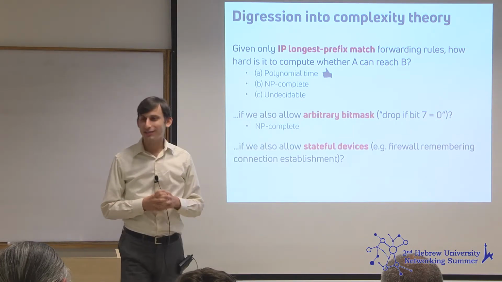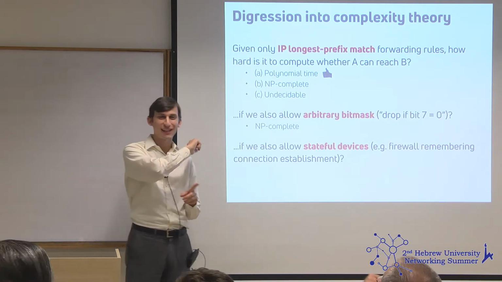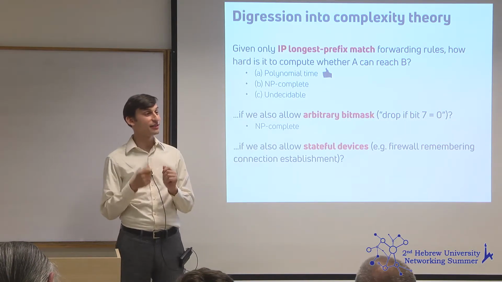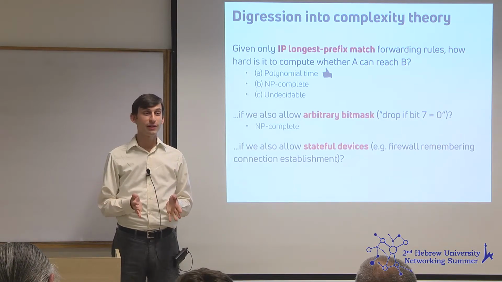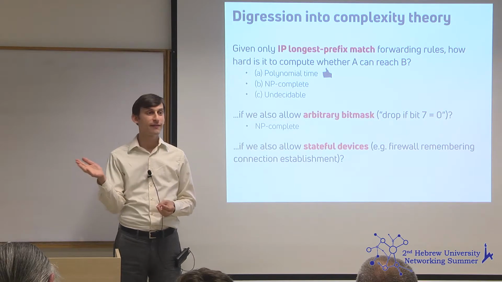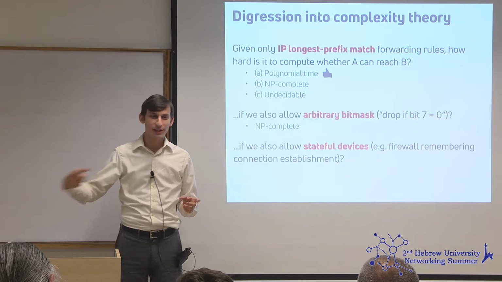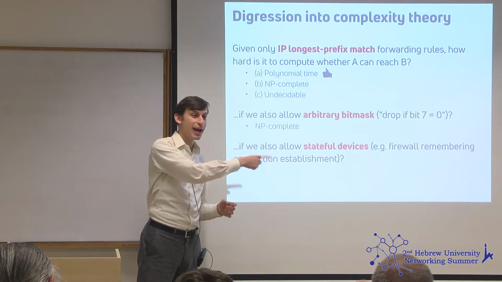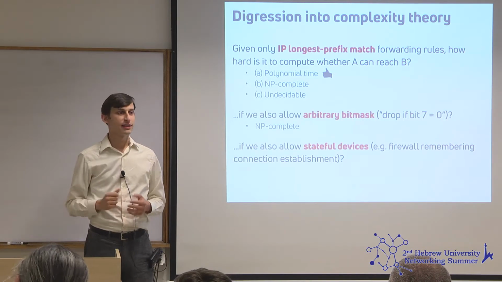Let's say we also allow stateful devices. That means when a packet goes through, the box can modify its internal state and do something different to subsequent packets. Example of when that happens? Anybody? Firewalls, yes. So you send a flow going outward. Only after that happens can the flow coming in the reverse direction for that port enter.